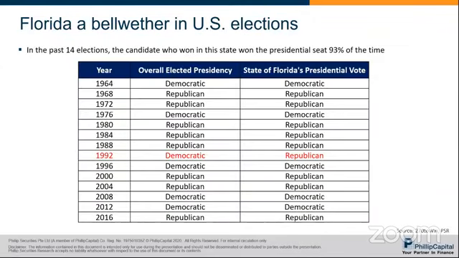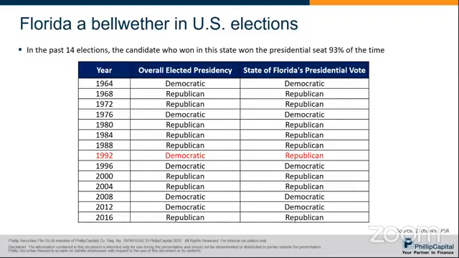If we zoom into Florida, for the past 40 elections, the candidate who won Florida won the presidency 93% of the time. There is only one instance, in 1992, where we do not see this phenomenon, because back then the winning candidate already had a very huge lead, such that even with Florida, the losing party was not able to catch up in terms of the vote.